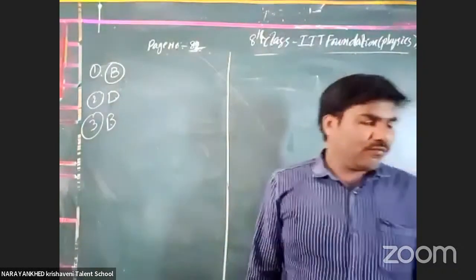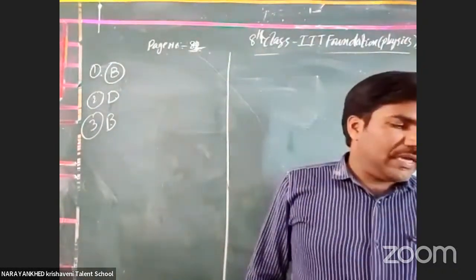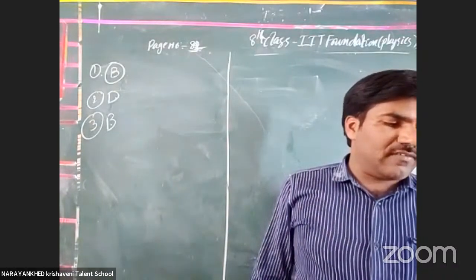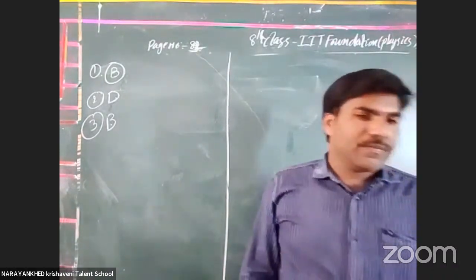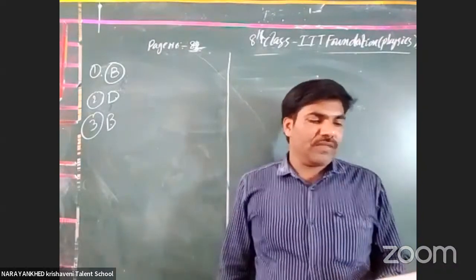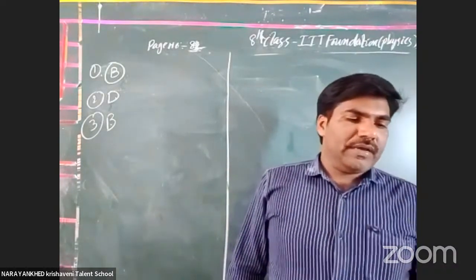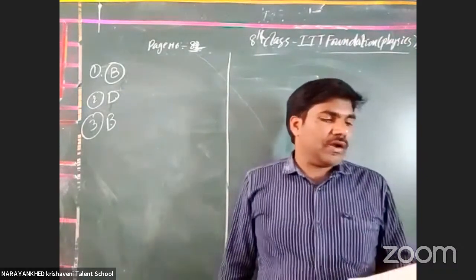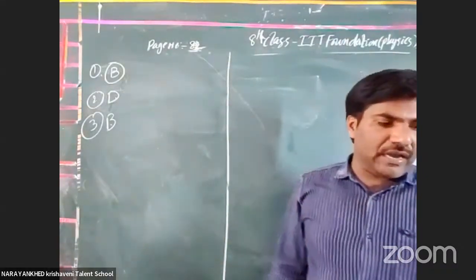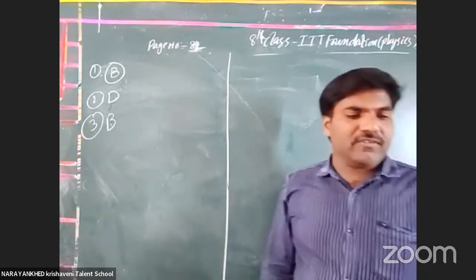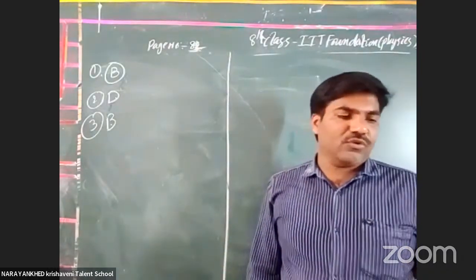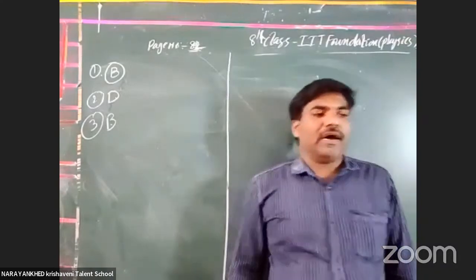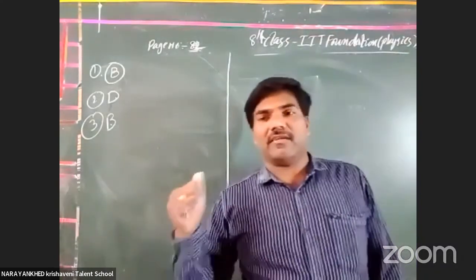Yes, next one, fourth point. Before taking a long jump, an athlete runs a certain distance due to: inertia of rest, inertia of motion, inertia of direction, or inertia of force. Clear or not? Why is there the running?